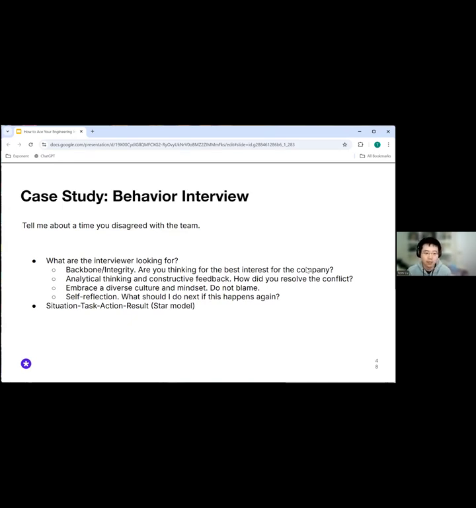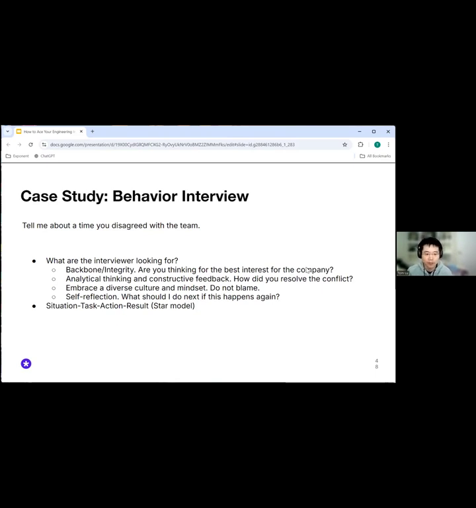Whether you have analytical thinking capabilities, right? Whether you can give constructive feedback, right? If there's any conflict, how did you resolve the conflict, right? If anything went wrong, do you simply blame others, or do you give constructive feedback so that the same bad thing wouldn't happen again, right?